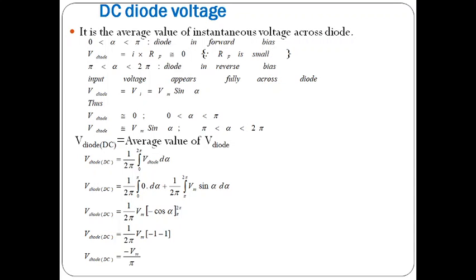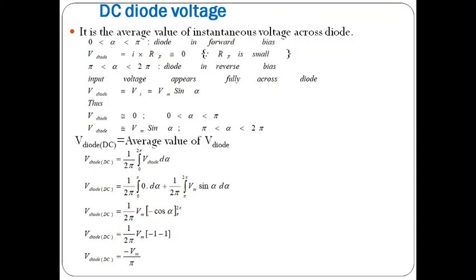So the voltage drop across the diode can be written as Vi, the input voltage, and we consider Vi equals Vm sin alpha. So the voltage drop across the diode is 0 in the time period 0 to π, and Vm sin alpha in the time period π to 2π.